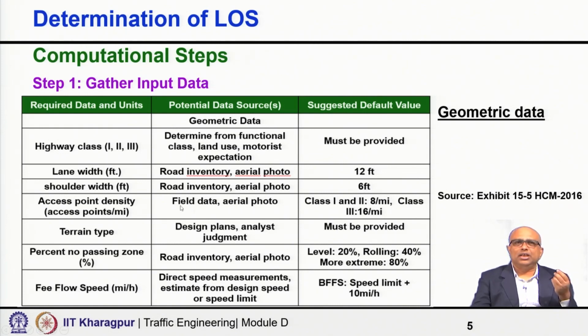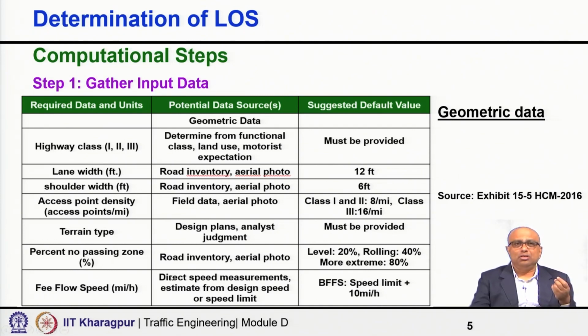Access point density again we can calculate from field data or aerial photo, and if not, default values are given here: for class 1 and class 2, 8 per mile, and class 3, 16 per mile. Obviously, for class 3 it is higher. Terrain type has to be based on design plan or analyst judgment, and it must be provided. There cannot be any default values which we can assume in this case.